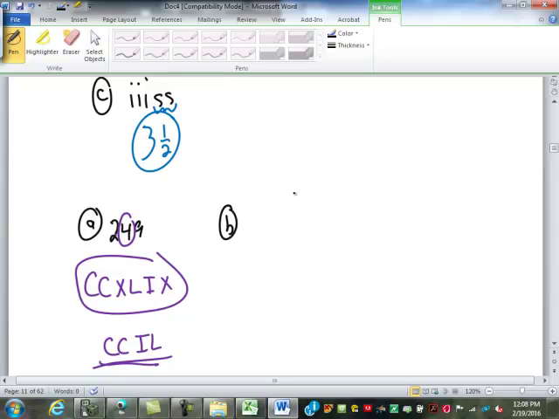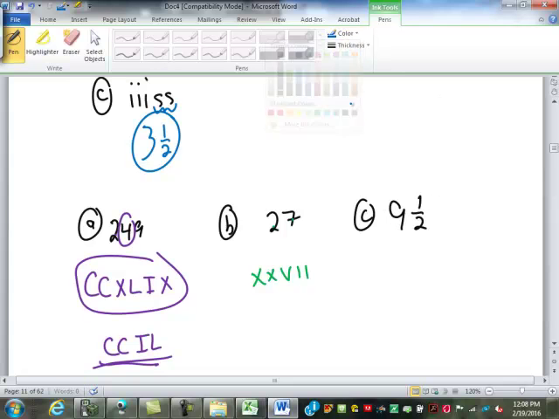So from a 50, you'd have to subtract a 10, then build up the 9. You go one digit at a time. So anyway, B is 27. That one's relatively simple. 20 is 2 10s. 7 is a 5 and 2 1s. So XXVII. And 9.5. Well, 9, you have to do 1 away from 10.